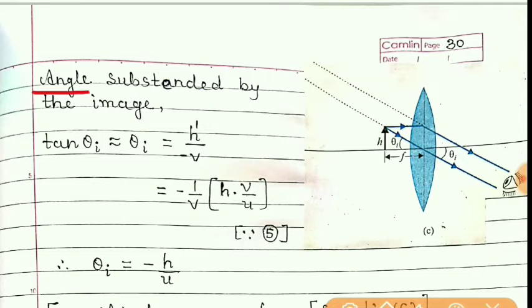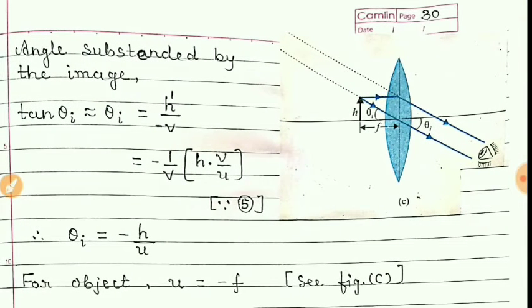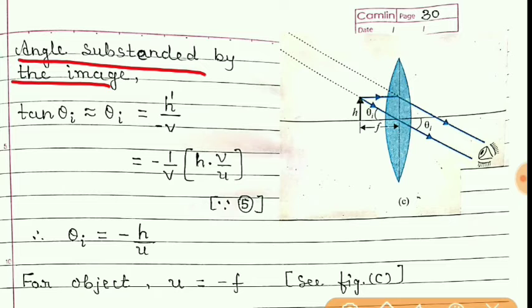Now the angle subtended by the image, just observe this figure. From the figure it is clear that the angle subtended by the image, that is tan theta I, which is nearly equal to theta I because the angle is very small, is equal to h dash upon minus v.